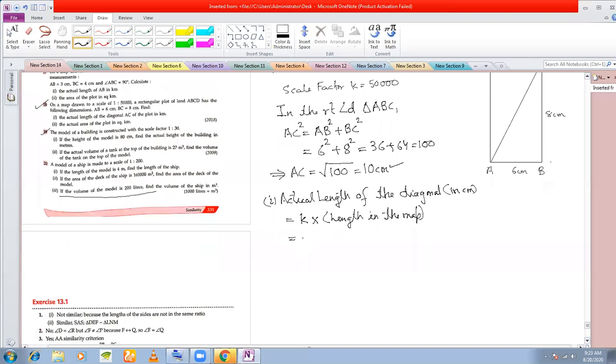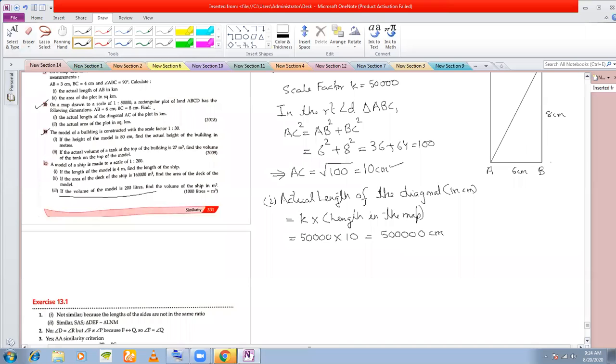This is 50,000 into the length in the map, which is 10. Not centimeter square, it is centimeter, because we are talking about the length. So we have got the actual length in centimeters.